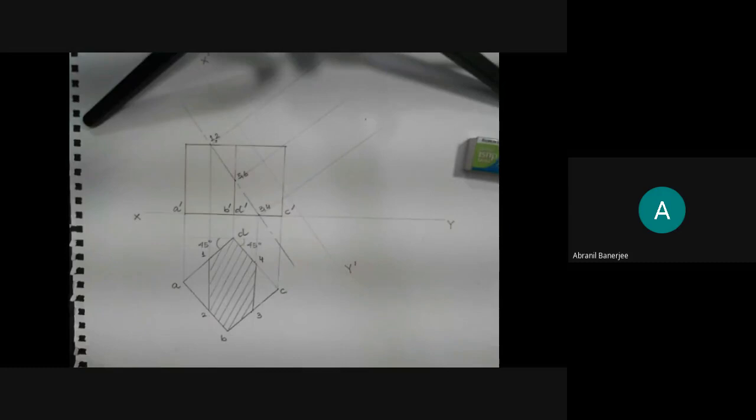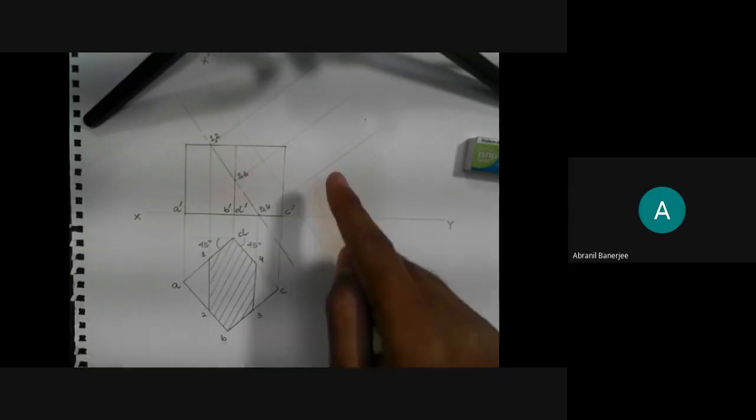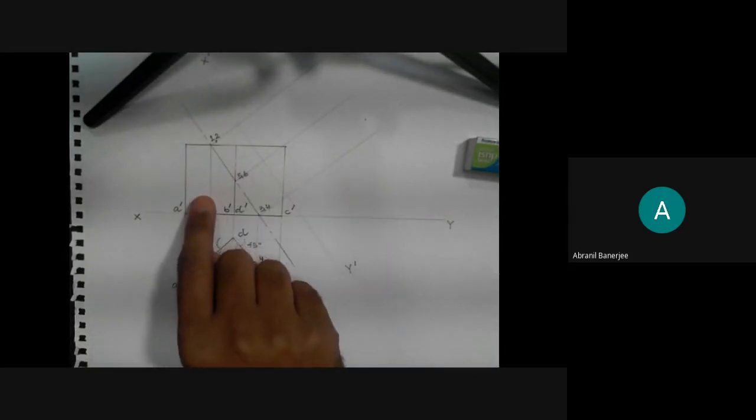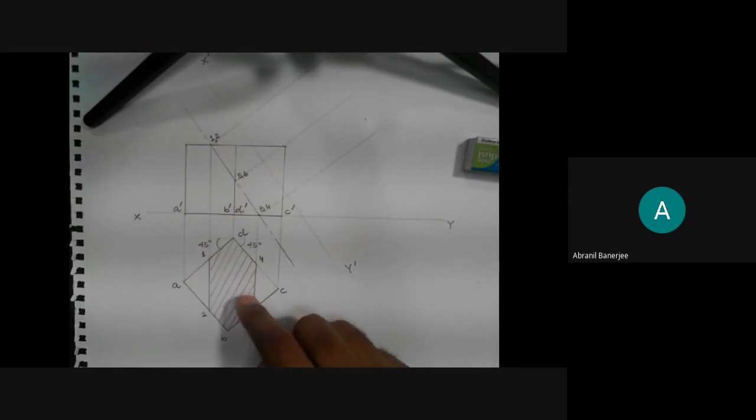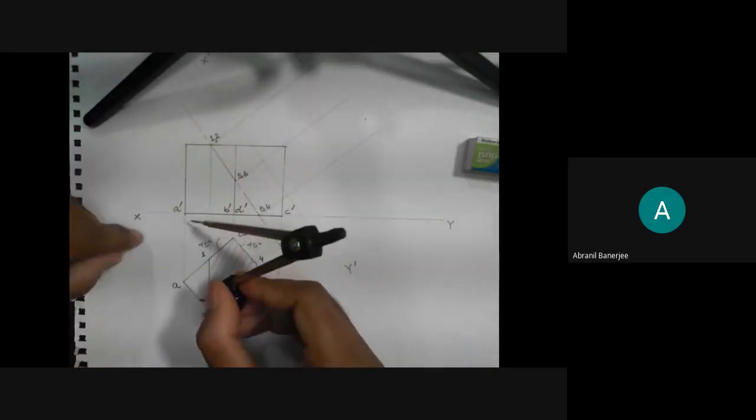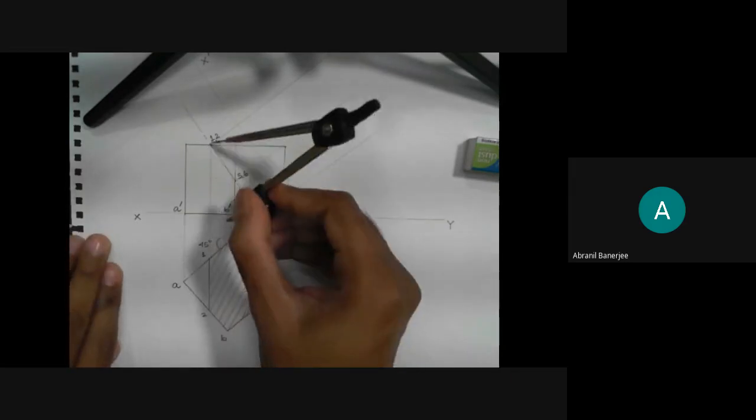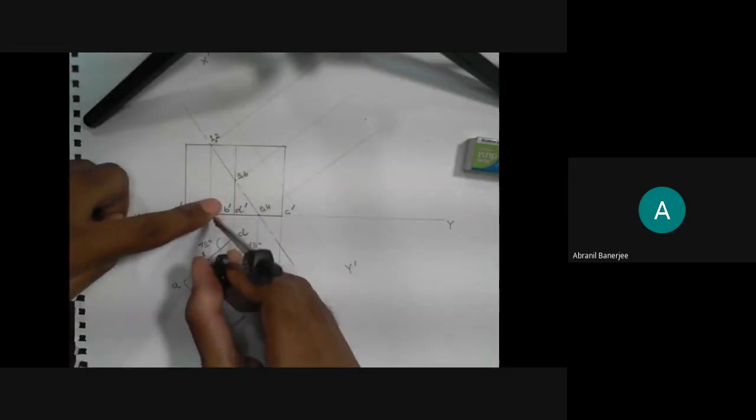I have taken all the intersecting points, and now take the distances. When the projector is given by the front view, distances will be given by the top view. Now, since it is above xy, you will be taking the distances: for projectors 1 and 2, I will take 1 here, mark it, and take the distance from x and y for 2, mark it.